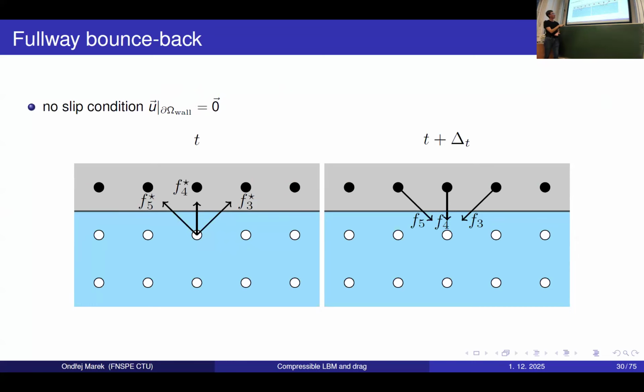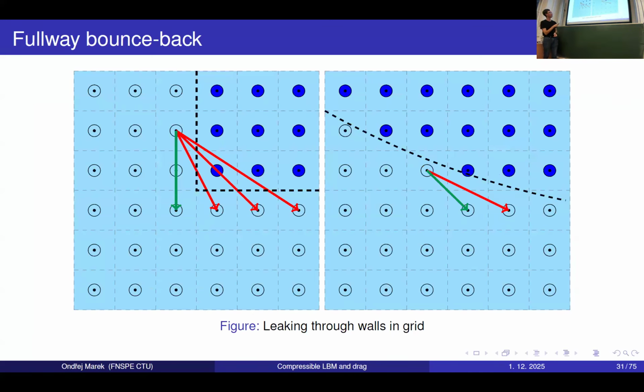So in this case, if f3 is larger than f5, and so the other ones which now we don't concern us, then everything is split, and in the next iteration it is moved into the fluid, so it decreases the velocity in that direction, so in the direction to the right, and then flips to the left, and this is used to model this. It can be with second order approximation.